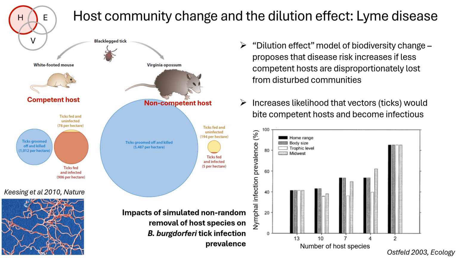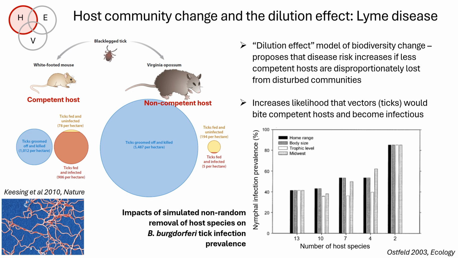So this idea that as biodiversity is lost locally from host communities, that less competent hosts, so species that are less capable at mounting a significant infection and then transmitting that onwards to other individuals, if those more competent hosts are more likely to persist as ecological communities change, then what we see is an increase in disease risk in these less biodiverse communities. So as land use becomes progressively degraded, the more competent hosts persist, the less competent hosts tend to decline, and what we then see is an increase in infection prevalence within the remaining hosts.